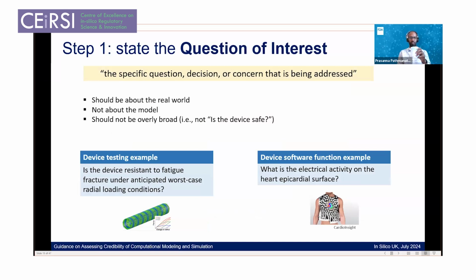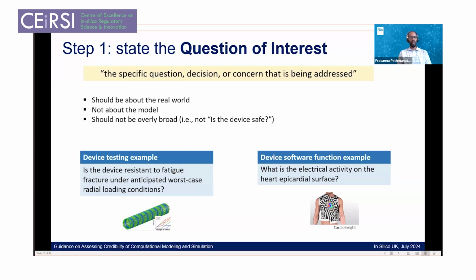As I mentioned, it should be about the real world and not the model. In the guidance, we refer to V&V40, but we provided some extra considerations that we thought were important to make clear, either because, based on our experience with the use of V&V40, which was released about 5 years before the guidance, there were some things that could be clarified, or specific considerations that were relevant to regulatory submissions.